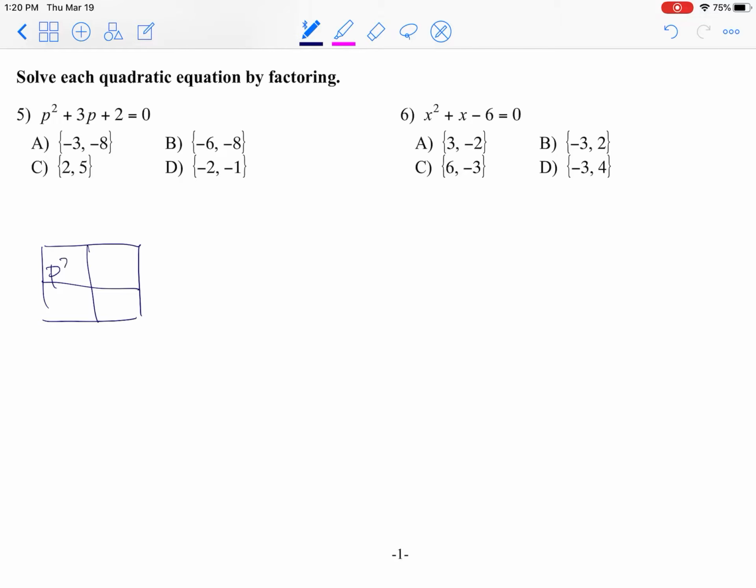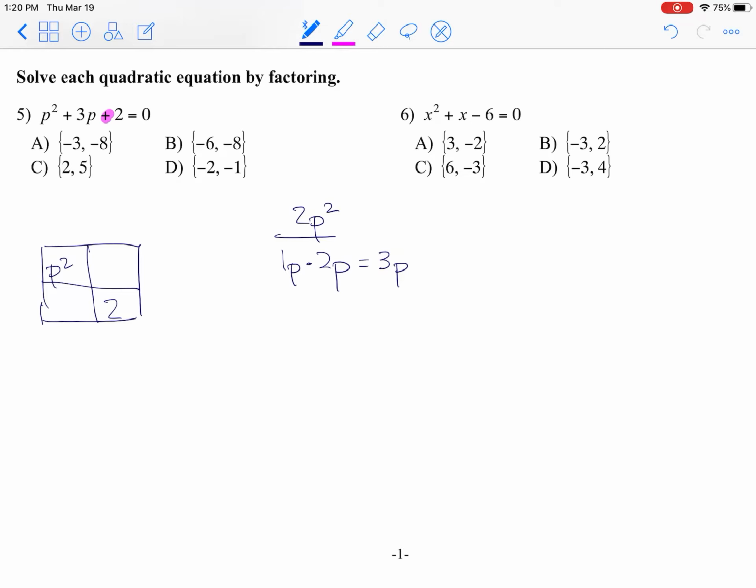And when we did that, we took the square term, or the quadratic term, and put it in the top left-hand corner of the box, and we took the constant term, or the number with no variable, and put it in the bottom. Then we multiplied those two things together, and we wrote factors. And in this case, there's only one set of factors. After we factored, we looked at the sign of the constant term, and that tells us in this case to add.